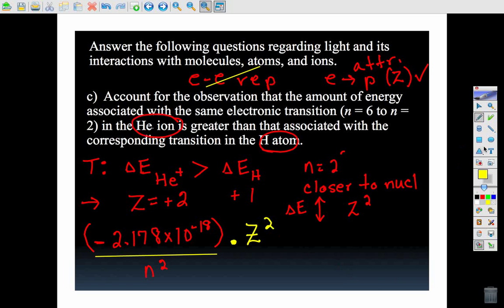This is Z squared. So now you can point to this as part of your justification. Look, it's times Z squared. I have 2 squared as opposed to 1 squared. The difference in energy will be greater. And so that's how you could be justifying those types of questions.